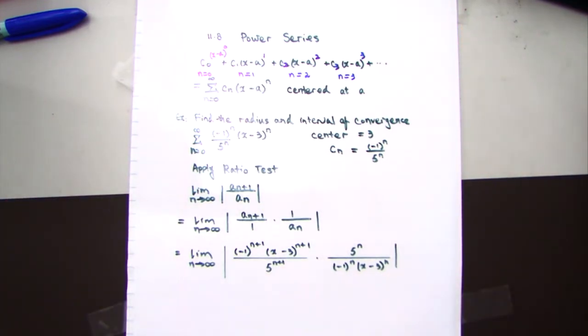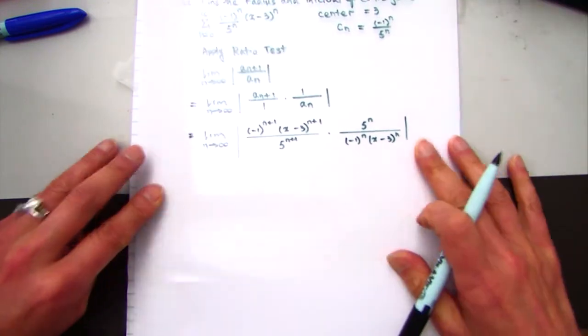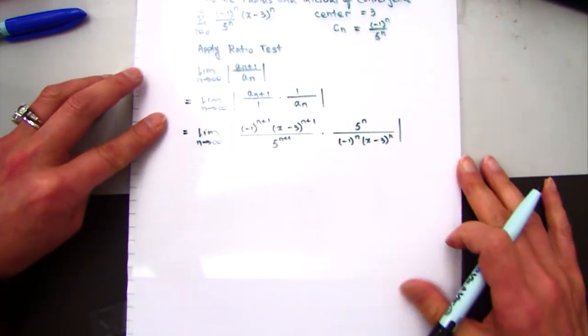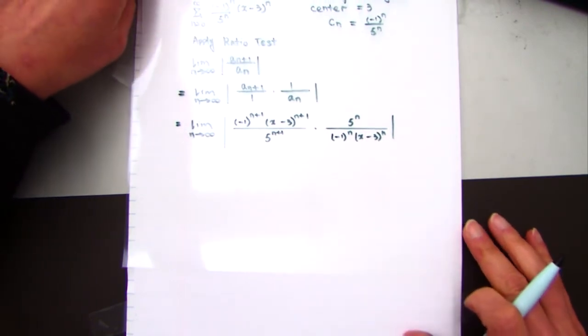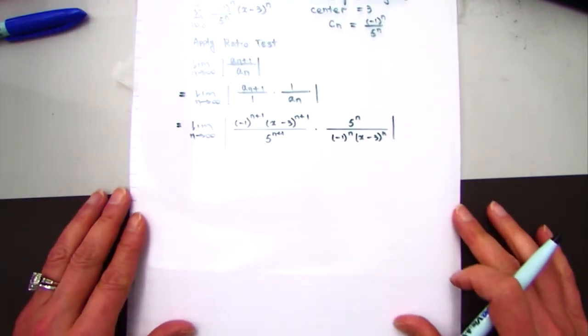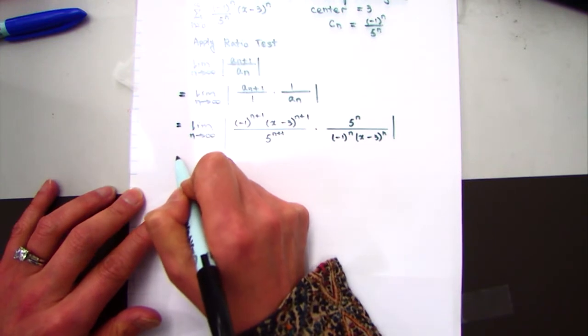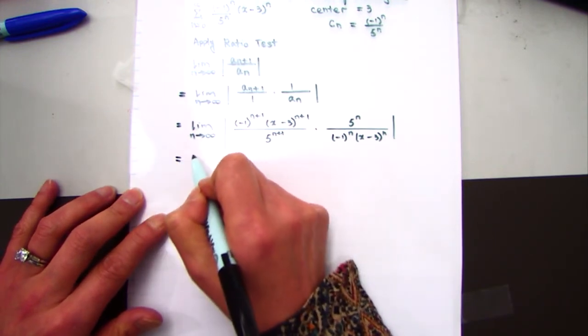From here on, we just need to reduce this. Okay, and this is a good place to practice our algebra technique, especially with exponents. So if you have any weakness there, just work a little bit harder, or let me know, or both.